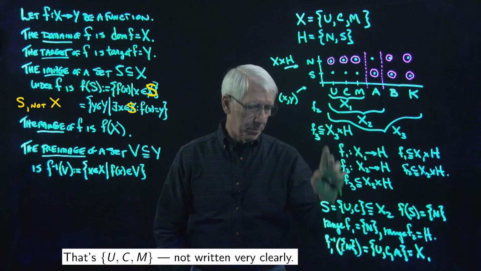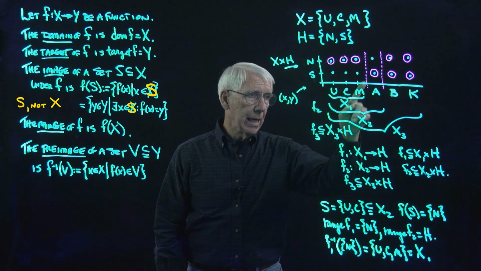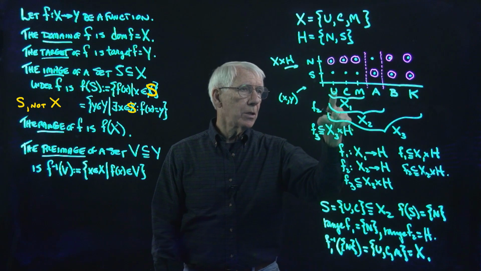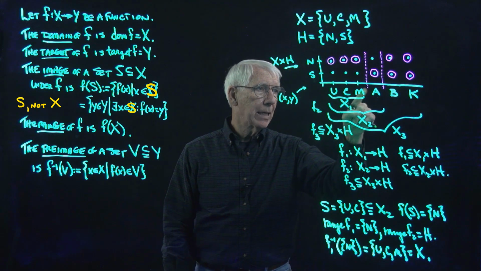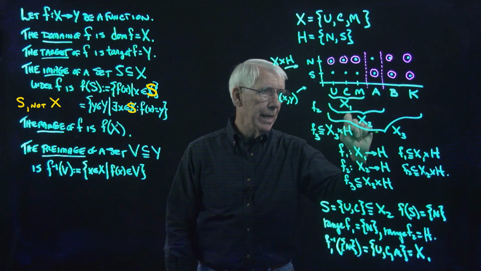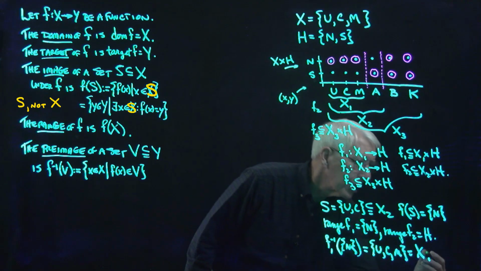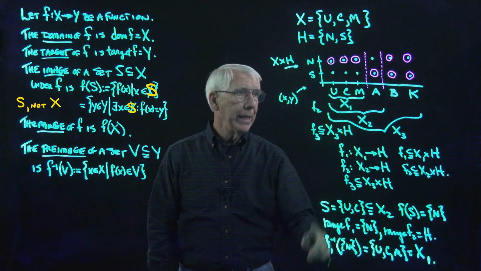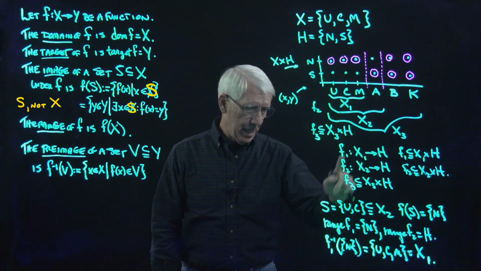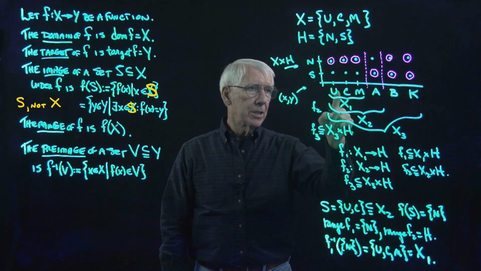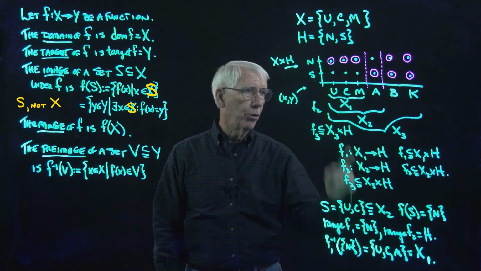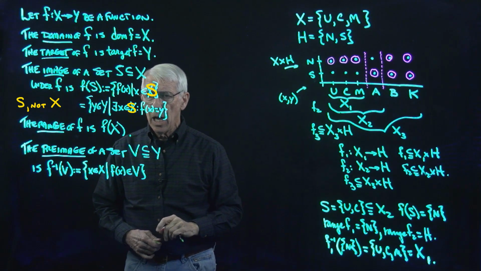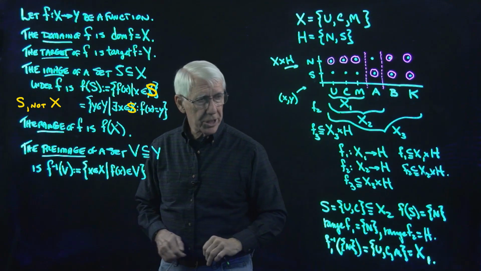And of course, the preimage of n under the function f2 still consists of the same three elements, u, c, and m, but that's not the whole domain any longer, because now the domain includes Australia here. So this gives us some idea of what these sets are.